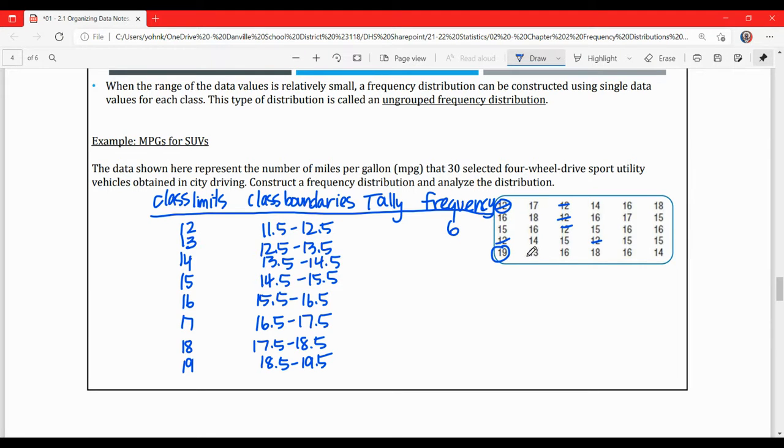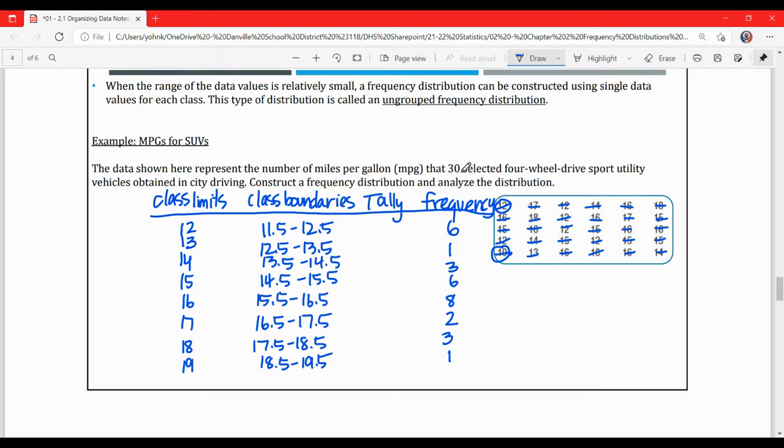And then 13s, we got 1. 14, 1, 2, 3. 15, 1, 2, 3, 4, 5, 6. 16, 1, 2, 3, 4, 5, 6, 7, 8. 17, 1, 2. 18, 1, 2, 3. And 1 nineteen. So there is a frequency distribution that's ungrouped.